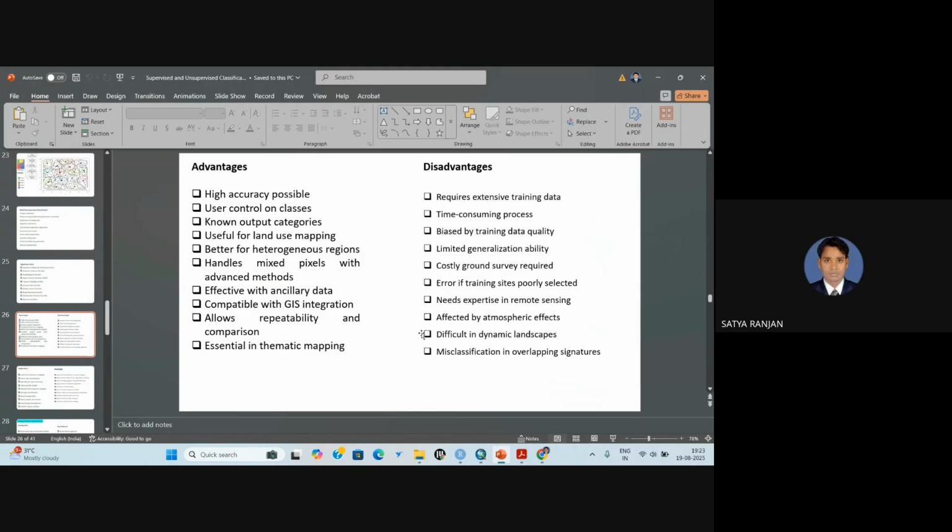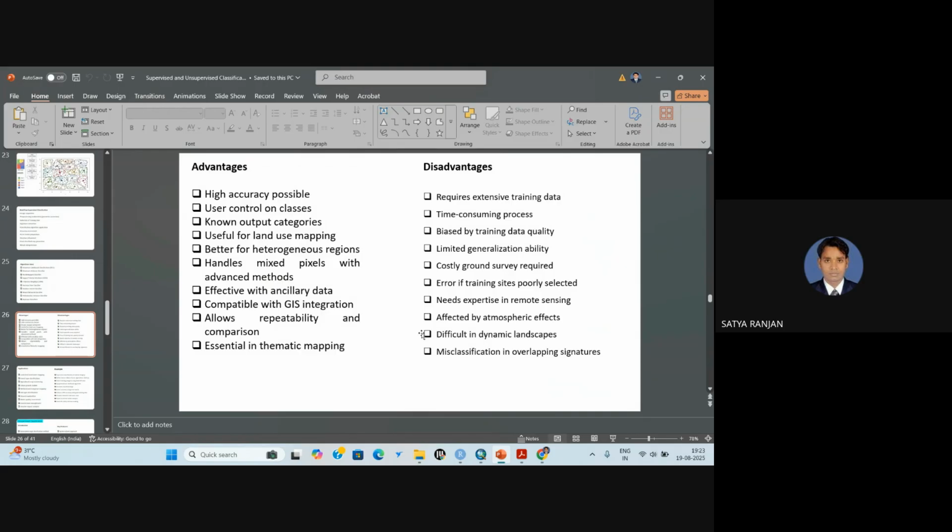And what are the advantages and disadvantages? High accuracy is possible if the user gives better sample data, and it is user-controlled classes because the user has the samples and gives the samples of different classes.